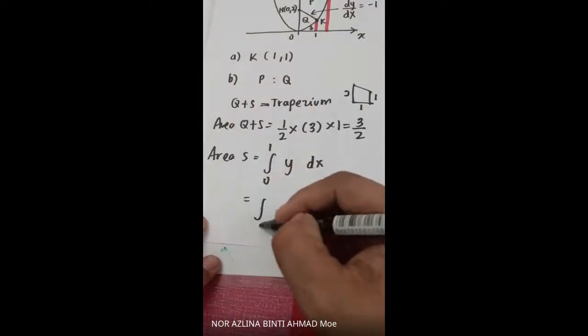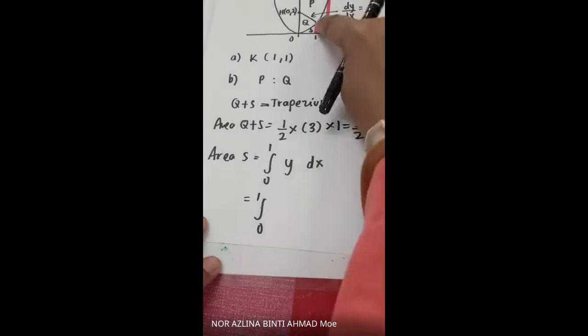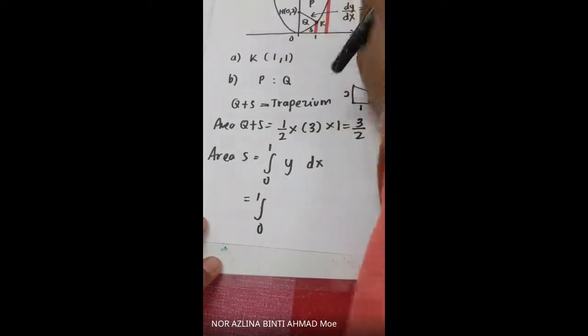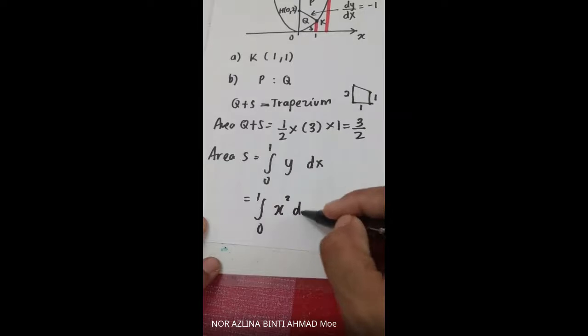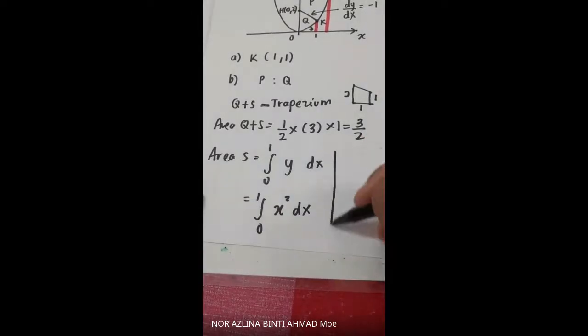So from 0 to 1, y for this curve is y equals x squared dx. So S equals x cubed over 3, from 0 until 1. S equals 1 over 3 minus 0 over 3, substituting 1. 1 to the power of 3 is 1. So the answer for S is 1 over 3.